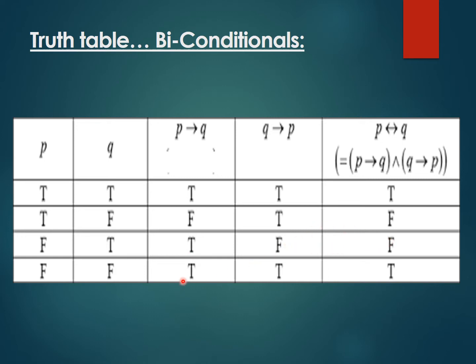In the last, P implies Q is true and Q implies P is also true, so the answer is also true. Now if you observe, by taking the AND of both implications, we get the same truth table as that of biconditional. So here we have proved that biconditional is also known as the AND of P implies Q and Q implies P.